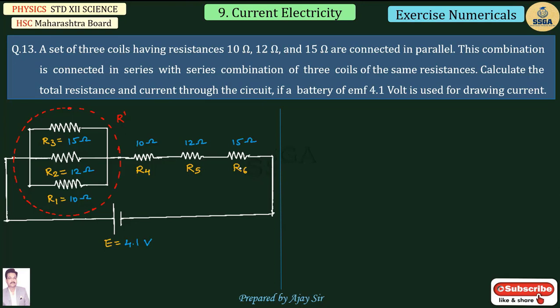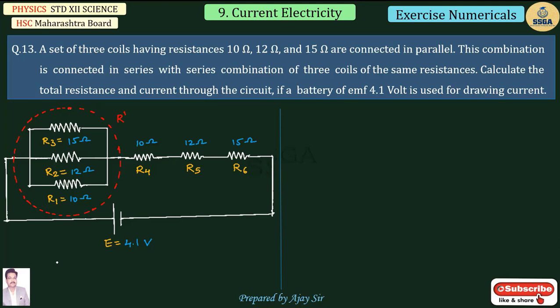What will be the equivalent resistance, the total resistance of this circuit? First you have to find that, and then after finding total resistance, you have to find the current through the circuit. So let us first find the equivalent resistance of the parallel combination, which we will call R dash.